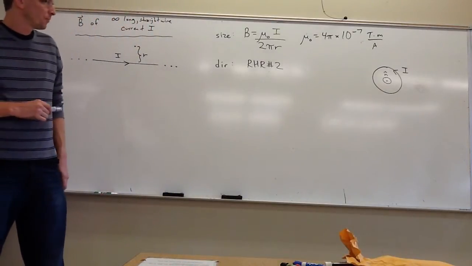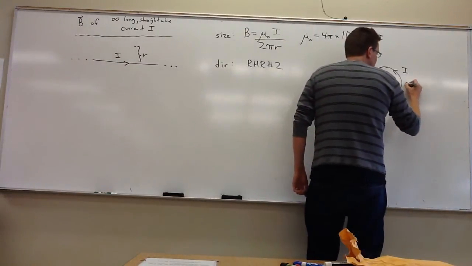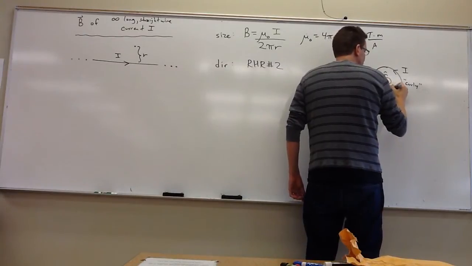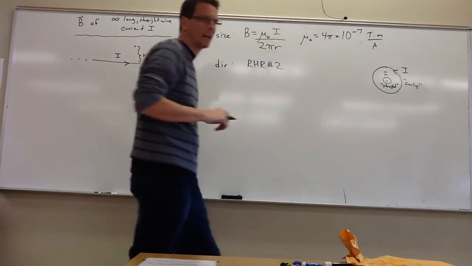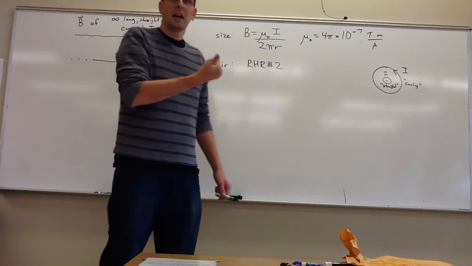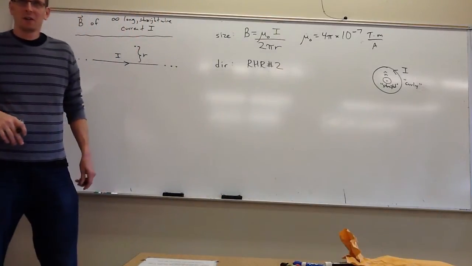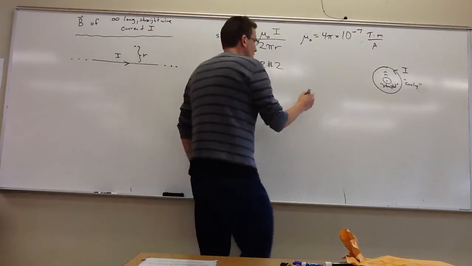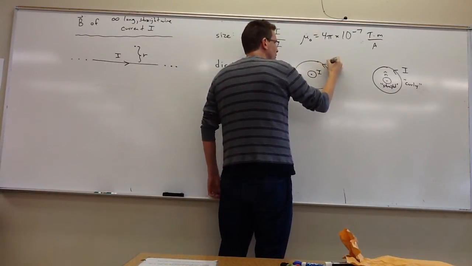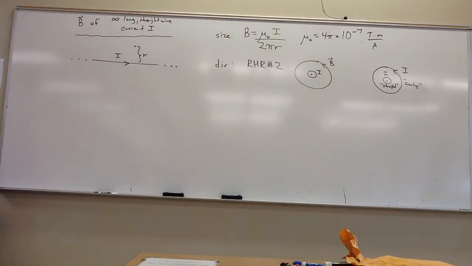So here, the current was curly, and the normal vector was straight. And that's why they got assigned the way they did. Your fingers go around whichever is doing the curling, and your thumb gives whatever points straight. The reason I'm pointing that out is because here, it's the current that's running straight, and it's the magnetic field that's going to wrap around it. So notice that the current just switched which one it got.